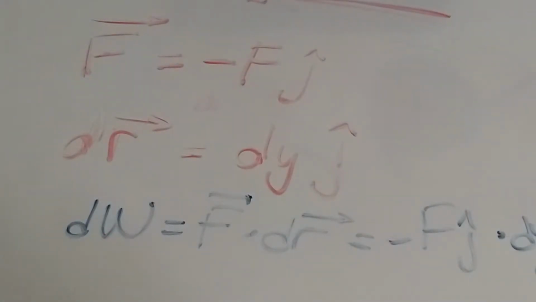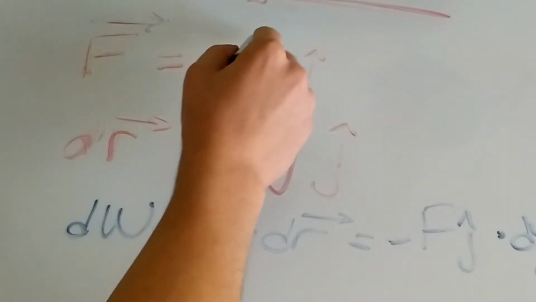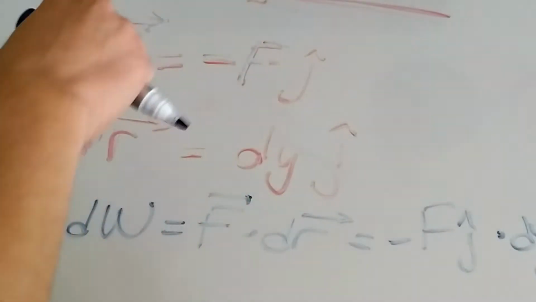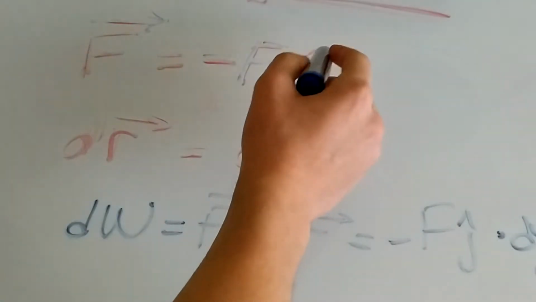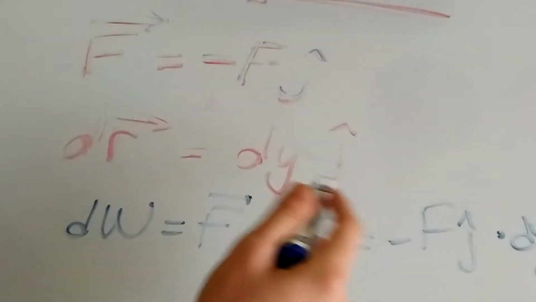Now the force vector we express as minus F, since we're pushing downwards in the negative direction, and here j is just a unit vector, meaning that this is a vector where the magnitude is 1. The same goes here.